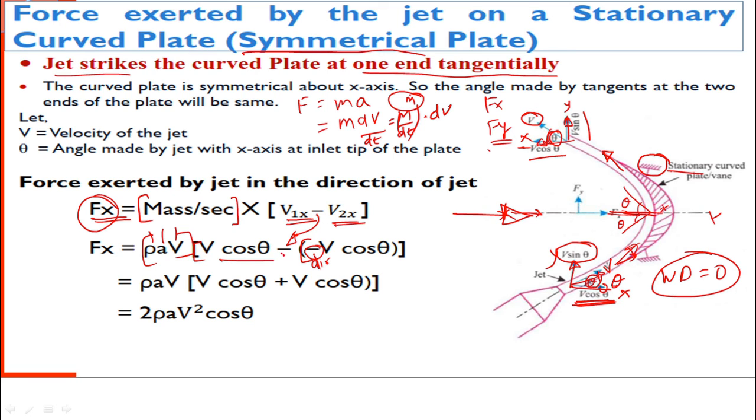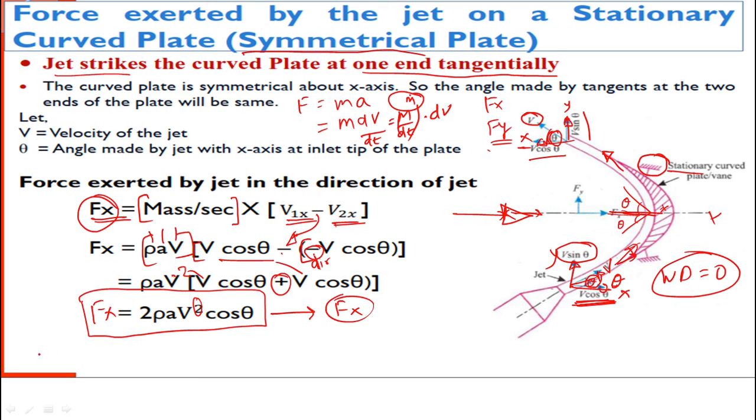Now this minus becomes plus, so we are adding those two terms, and we finally get Fx equal to 2 rho a V square cos theta, because we take V cos theta common. So that is the force acting in the x direction.